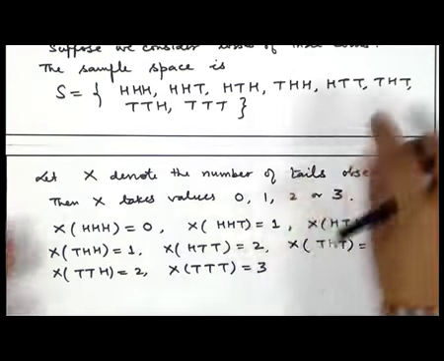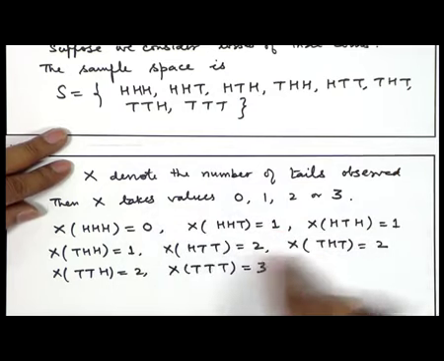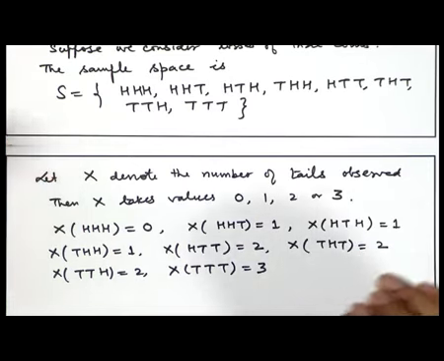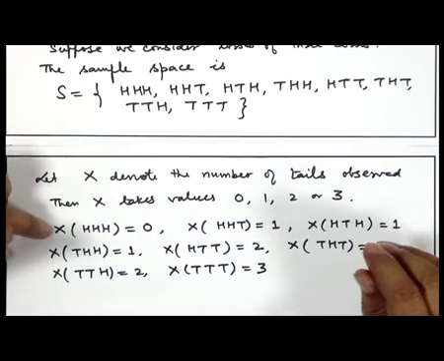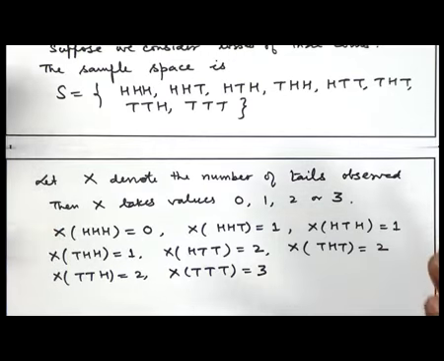So, what we have done is, to each element of the sample space we have associated a real number. This assignment by using a function, we are using the function x here, this x is called a random variable.